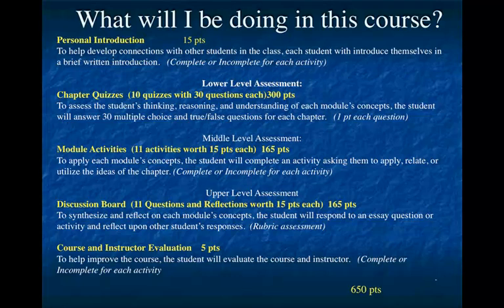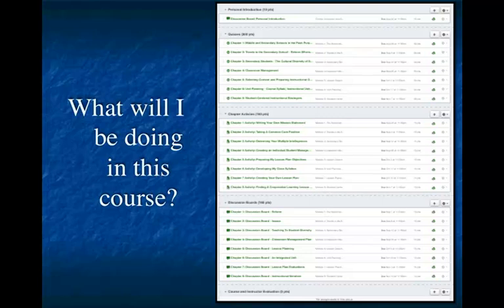Your discussion boards ask you to synthesize, reflect, and evaluate, the upper level of Bloom's taxonomy, at different points in that assessment. And lastly, since I evaluated you, I'm going to ask you to evaluate me. This is anonymous, I don't know who says what, but I give you some points for doing that. So that's how it's constructed, from lower level to upper level types of assessments.